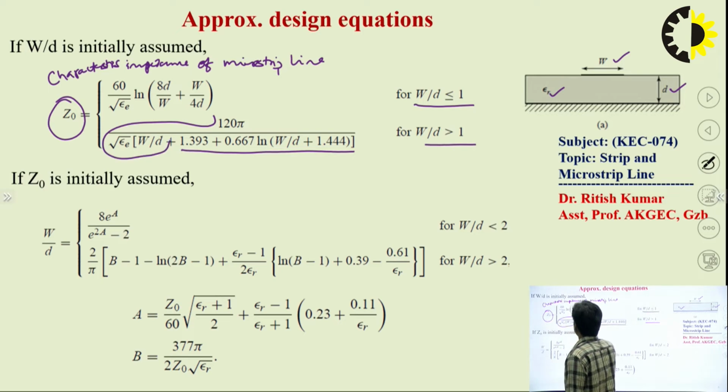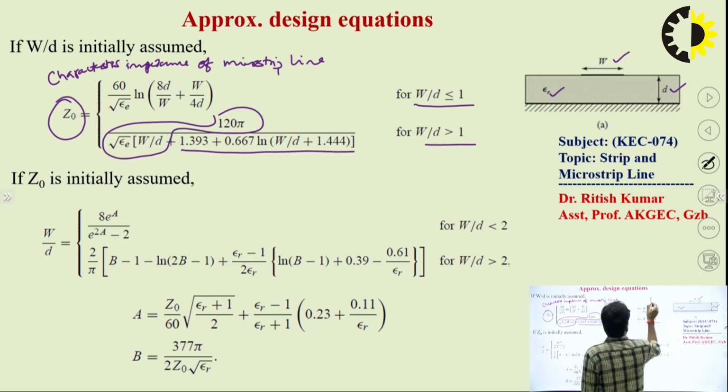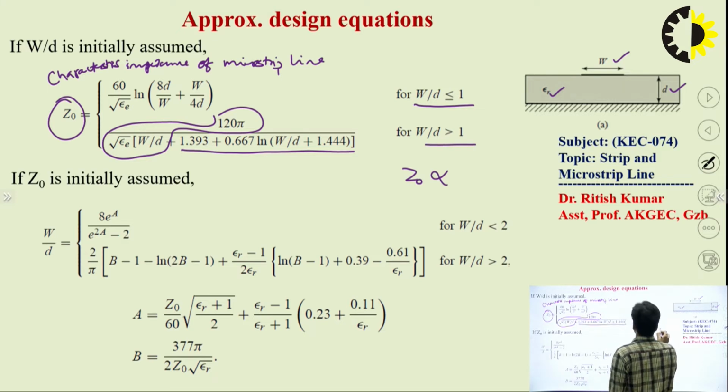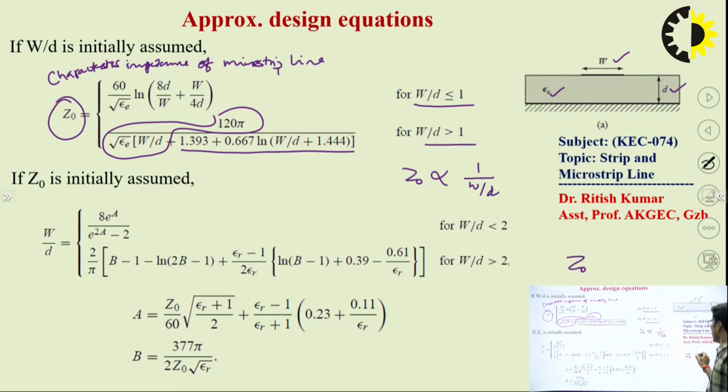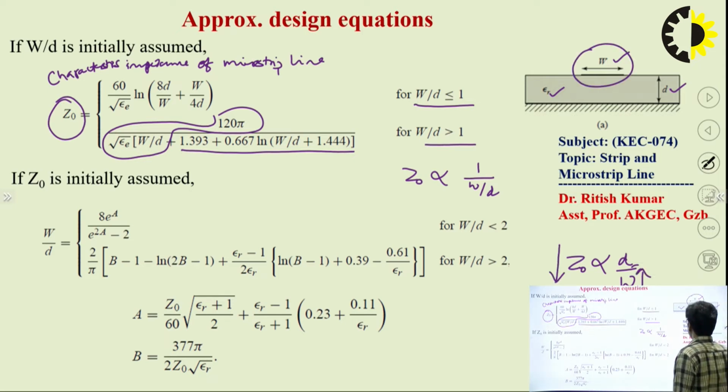So we can say that Z0 is proportional to D by W. That means if the width of the transmission line, the center conductor, increases, the characteristic impedance of the transmission line will decrease, and vice versa.